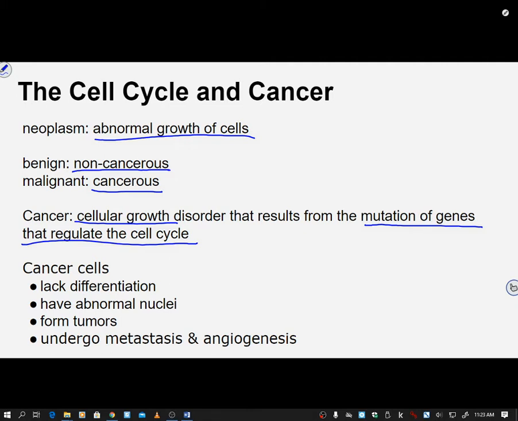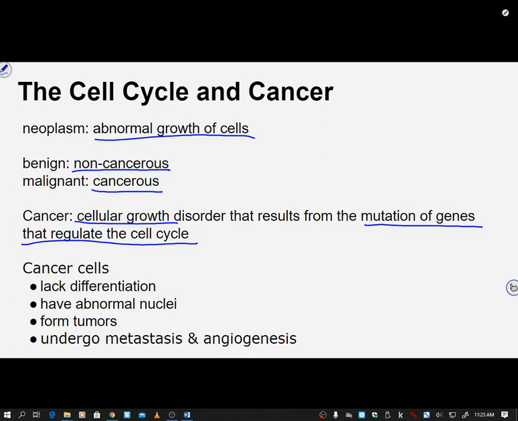So normally you go through interphase, mitosis, which is PMAT, cytokinesis, and it stops until it needs to do it again. Well, in this, you get a mutation where it doesn't stop. It just goes right back into interphase and just keeps growing and growing. And that's why cancer cells grow, and that's why you don't want them moving around. Say that you have a cancer cell that starts traveling through your body, well, then it's going to throw these cancer cells other places, and they're going to keep doing this. All right, so here's the thing.